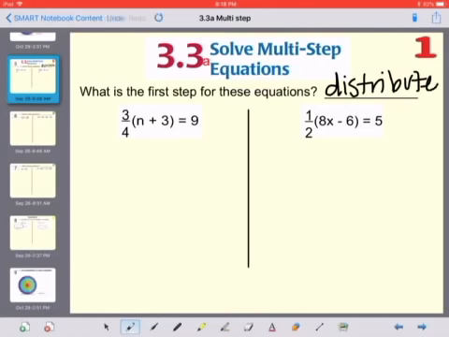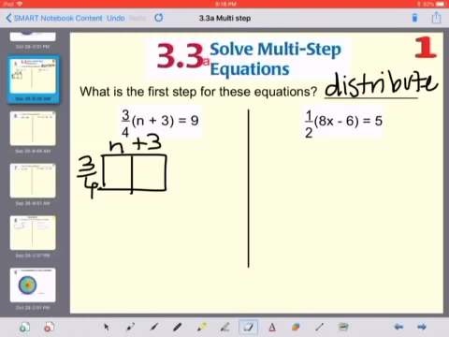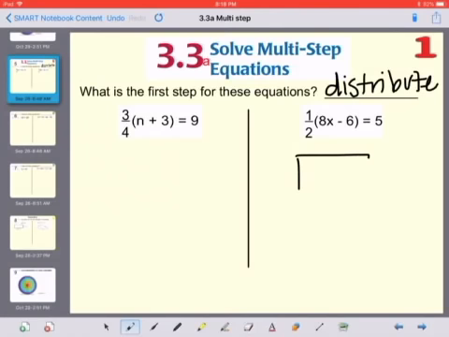We used our box to help us multiply. We put the 3/4 out front and then n plus 3. However, there are two ways to do this, depending on if it's going to be a nice number or not. You could draw the box to multiply, like we have done, or this is really one number multiplied by our parentheses.